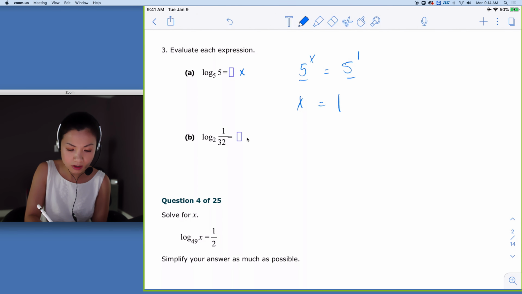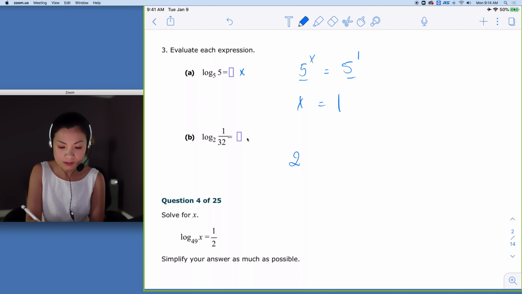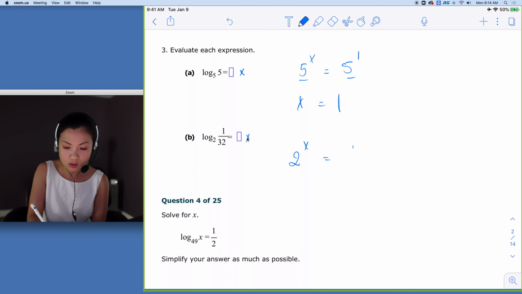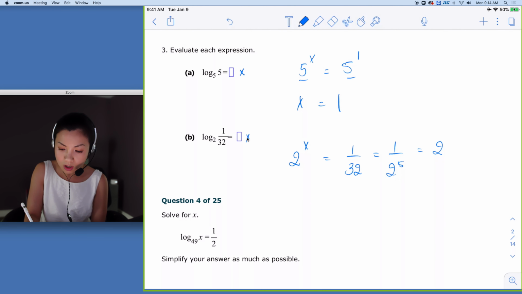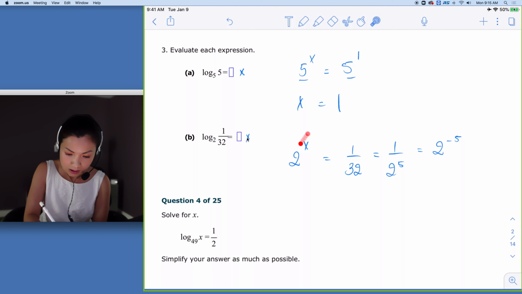Same thing over here. I'm going to start with the base and put x here. So 2 to the x power equals 1 over 32. I'm going to try to get to the base of 2. 1 over 32, you can see that it's going to be 1 over 2 to the 5th power. If I want to move it to the top, it becomes negative, so x is going to be negative 5.